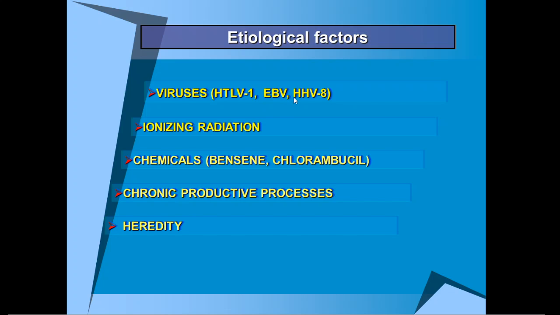Next one is EBV, Epstein-Barr virus. These viruses cause Burkitt lymphoma, Hodgkin lymphoma, for example. HHV8, human herpes virus type 8, can also cause Hodgkin lymphoma. Actually this list is not complete. For you, as third-year students, you need to be aware of, for example, these 3 viruses.